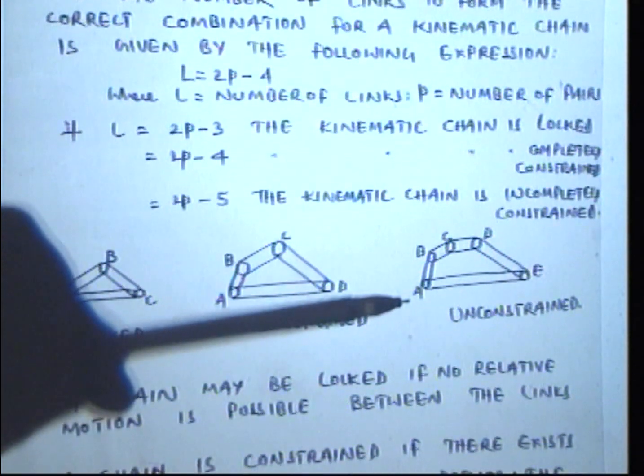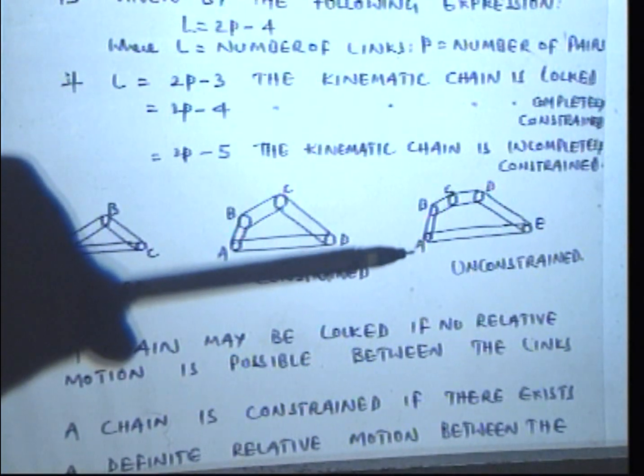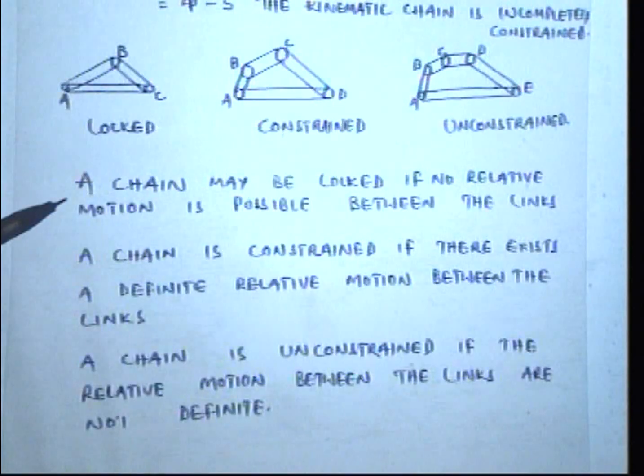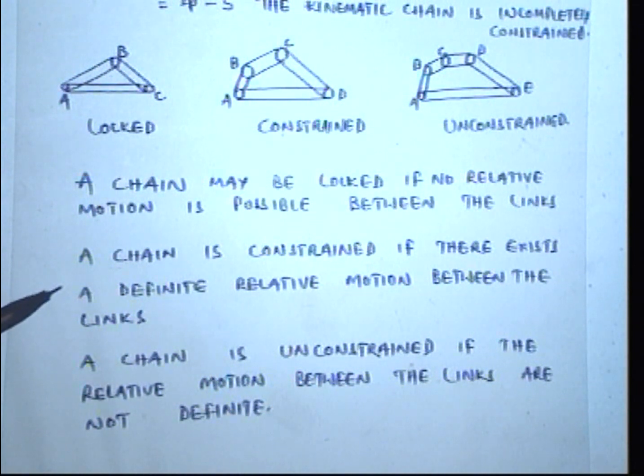There is no definite direction for the transmission of motion. A chain may be locked if no relative motion is possible between the links. A chain is constrained if there exists a definite relative motion between the links. And finally, a chain is unconstrained if the relative motions between the links are not definite.